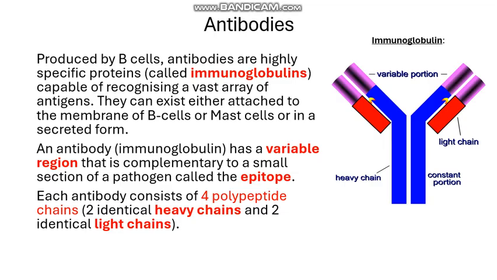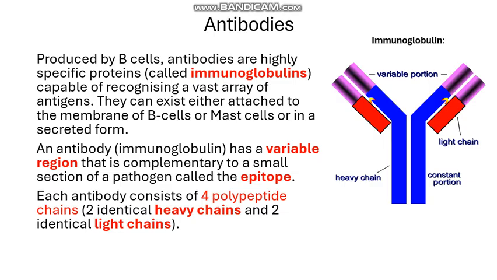Each immunoglobulin is made of 4 polypeptide chains: 2 identical light chains and 2 identical heavy chains. In the image on the right you can see the heavy chains shown in blue and the light chains shown in red. The extension bits are the variable regions.